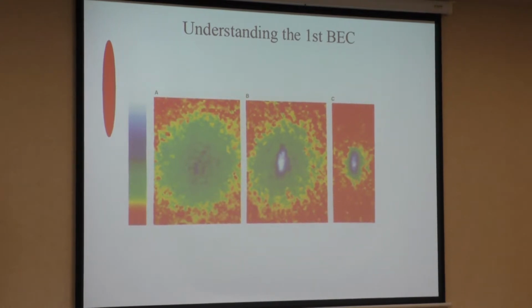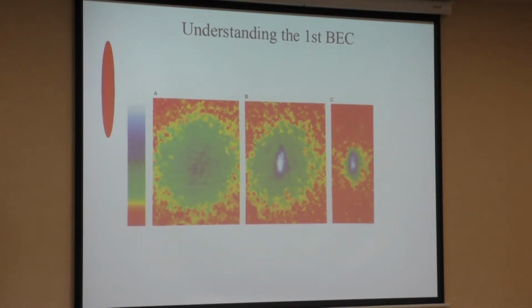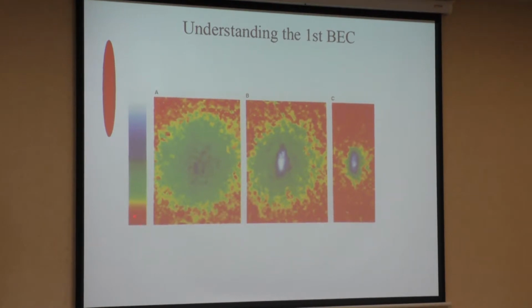The color is not actual color; it means the column density along the line of sight. The column density is coded into the color. Red is almost zero density. This bluish-whitish is the highest density.